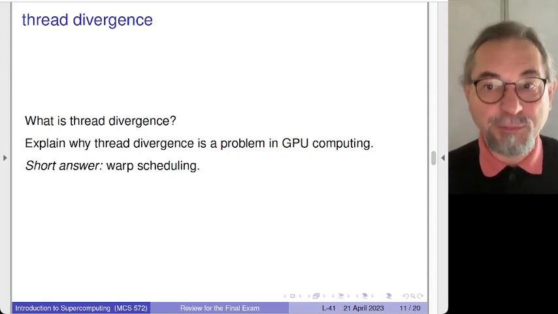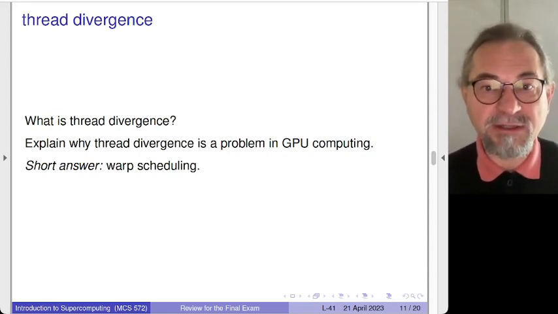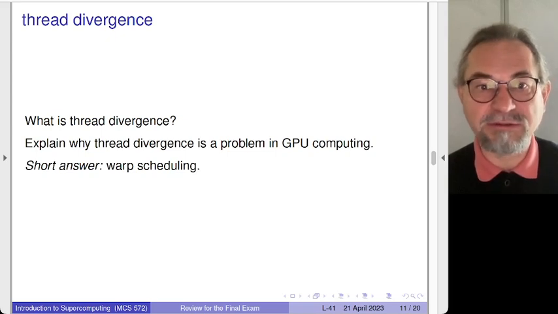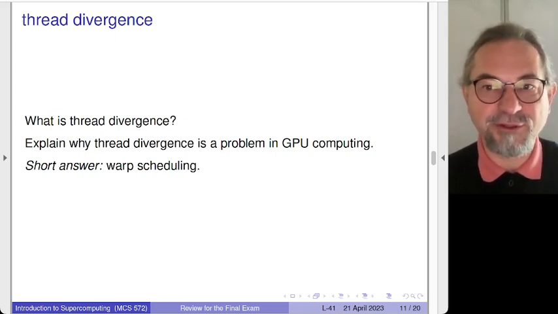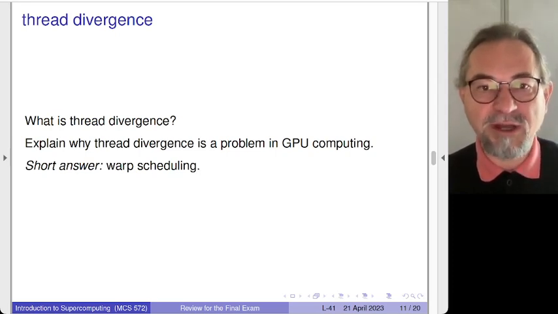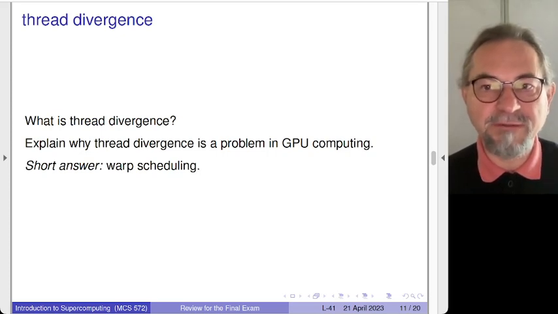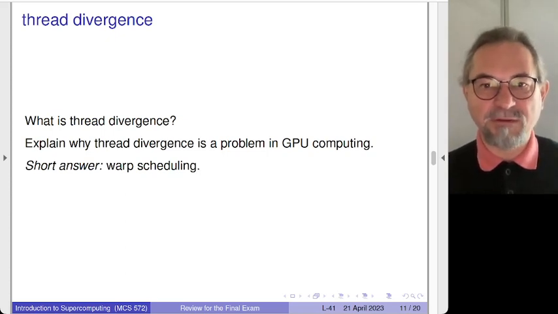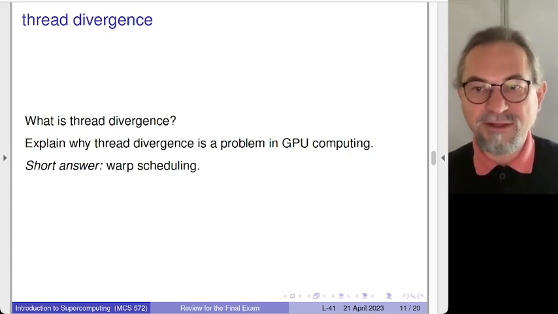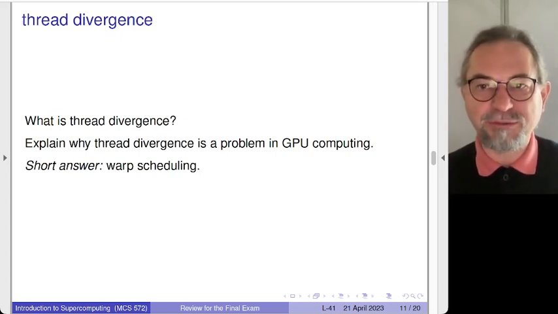Why is this now a problem? Well, this still doesn't concern the divergence. How would threads diverge? Consider a branching condition, an if-else statement. Somehow in your answer the name warp needs to be in there.